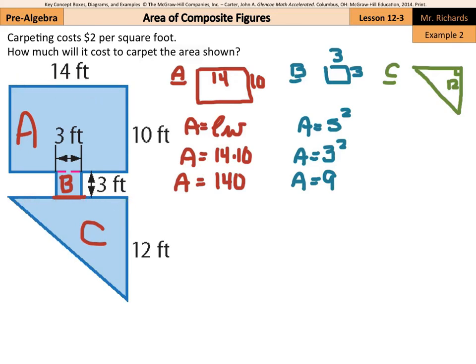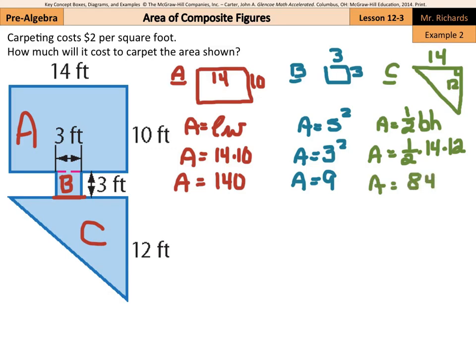So we can say 14 for that side. And so my area formula for a triangle is area equals 1/2 base times height. So area is going to equal 1/2 times 14 times 12, which results in an area of 84 feet squared.